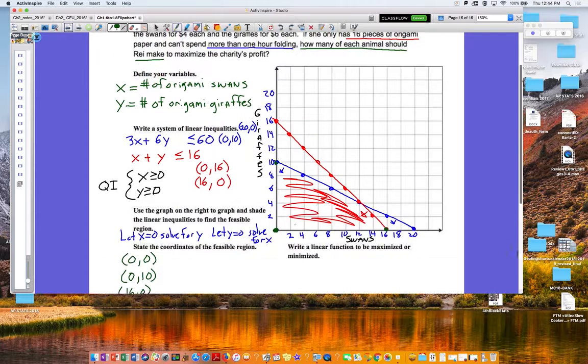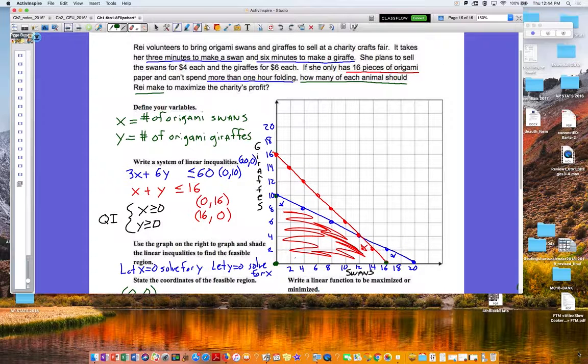But go back up here for a second. We're trying to maximize, and we get $4 for a swan, and we get $6 for a giraffe. I'm trying to maximize the charity's profit.